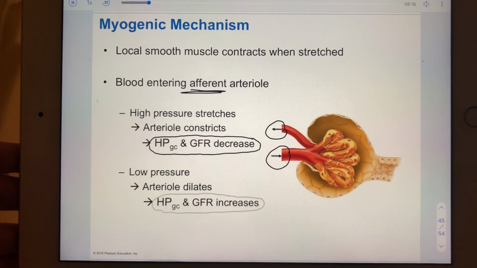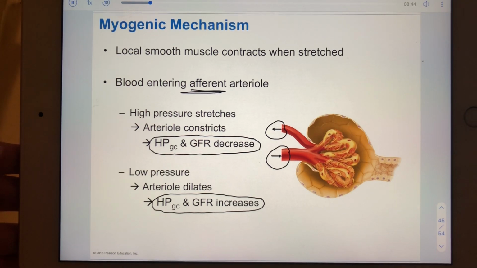Okay, same principle if we have relatively low pressure or even homeostatic norm pressure, then that afferent arteriole is allowed to relax. Those smooth muscle cells are allowed to relax and the lumen is dilated, and therefore we keep that hydrostatic pressure nice and high. We keep that glomerular filtration rate nice and high.